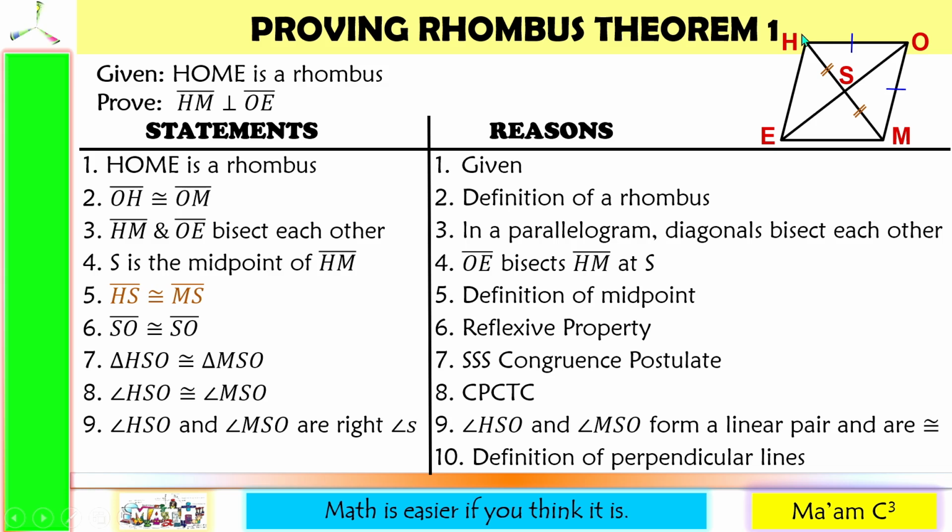Linear pair. So if this one is 90 degrees, this one is 90 degrees, then we already proved that line segment HM is perpendicular with line segment OE because they form 90 degrees in their intersection.